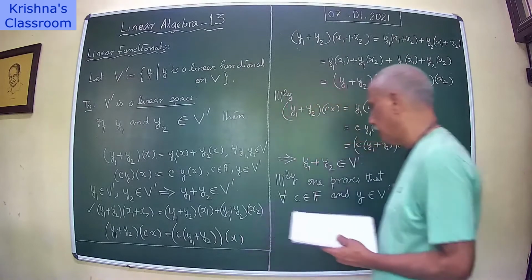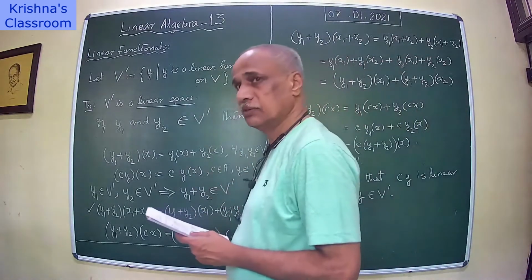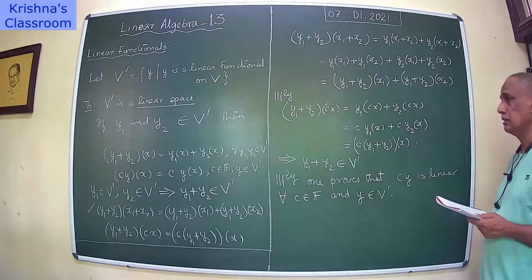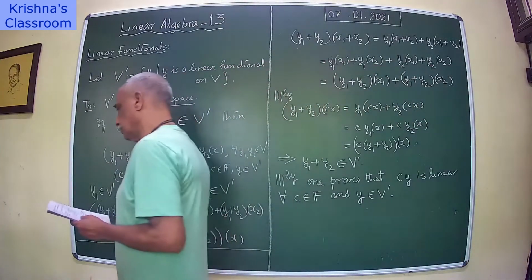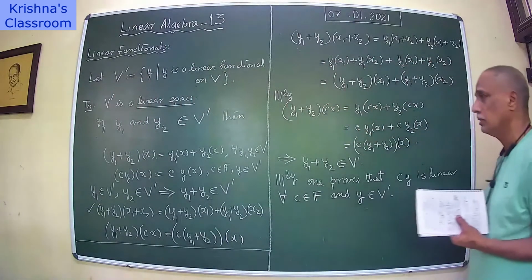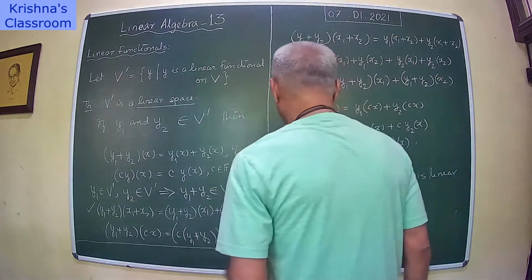Now we have to go beyond that. We have to show that this is essentially a linear space. For a linear space, the sum of two elements in V prime is in V prime, and a scalar multiple of an element in V prime is in V prime.